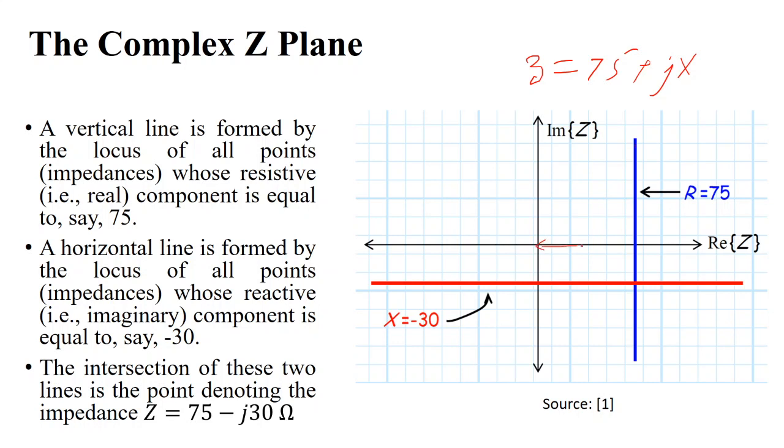This value will remain fixed from here to here, but the position will depend upon x. Similarly, this line is parallel to the real axis, and this is the constant x line. For a fixed value of x and different values of r, you will get this line. So this vertical line is a constant resistance line, and this is a constant reactive line.